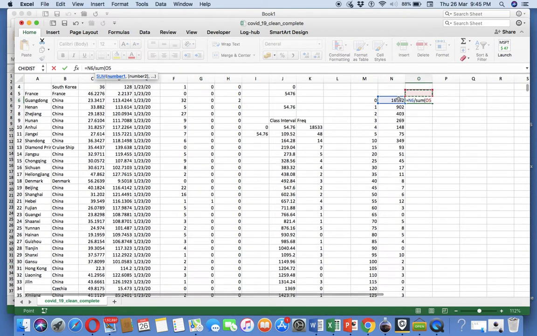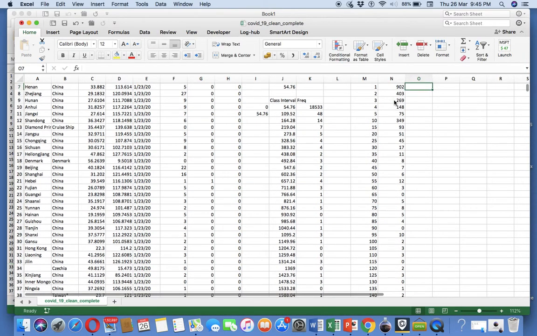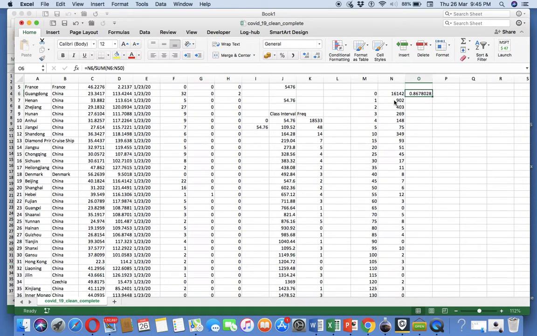So I will calculate as equal to this frequency divided by sum from here down to the bottom, close the bracket. So 86% probability that the number of deaths would be 0.